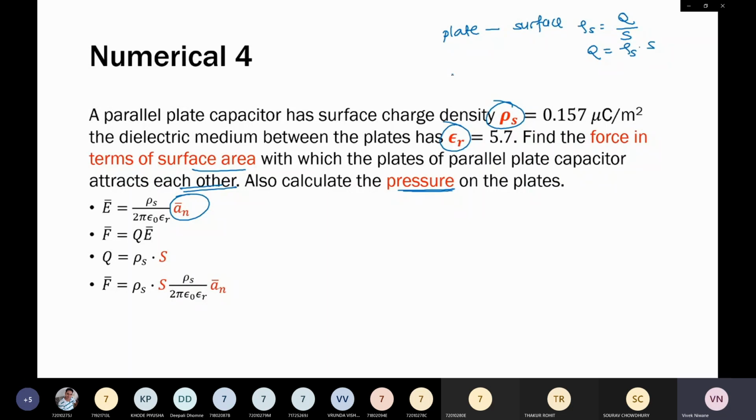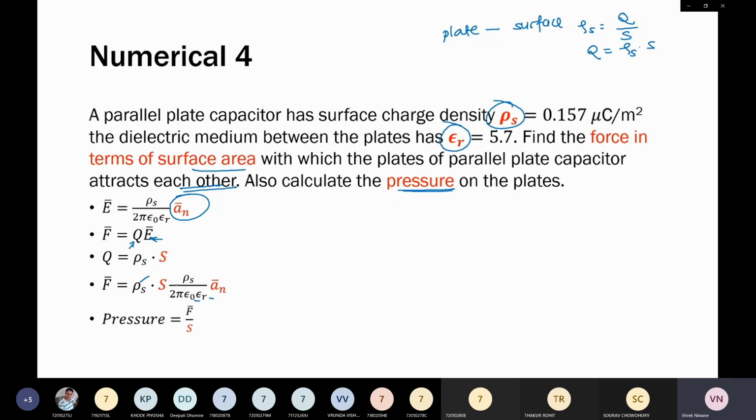So we will put all the values in the expression of F bar. In F bar we put Q, and E also. So we do have some values over there: rho s, epsilon r, epsilon 0.